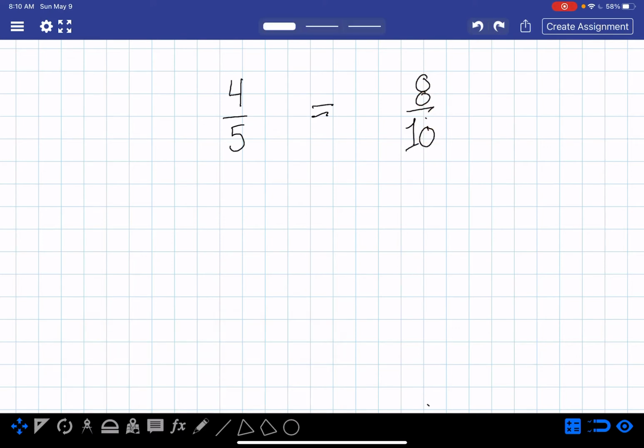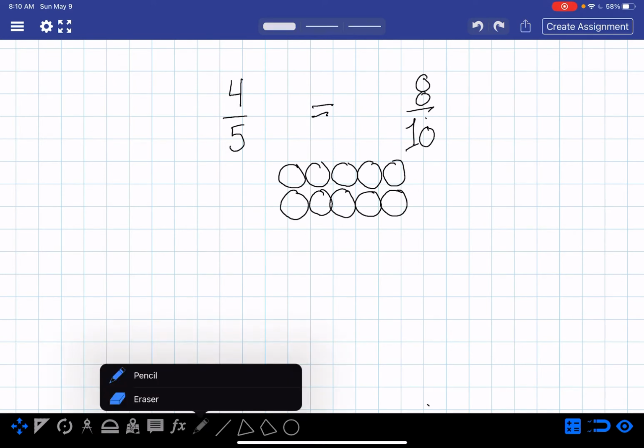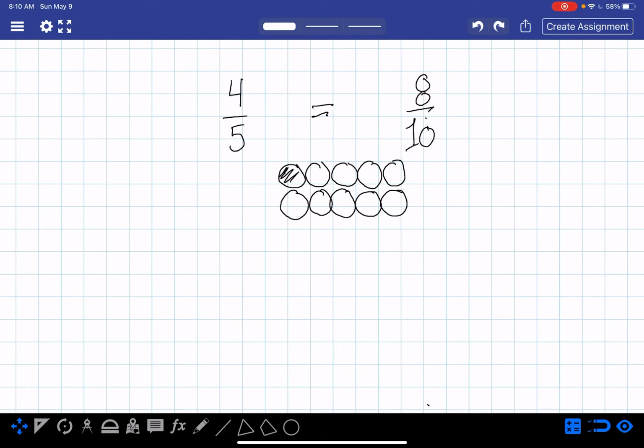So I'll take my pencil. There's 10 equal parts. Of those 10 equal parts, I'm going to color 8.